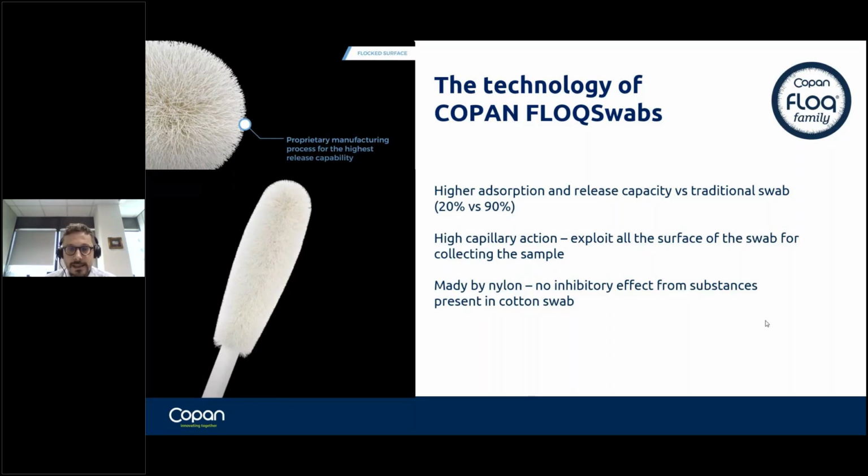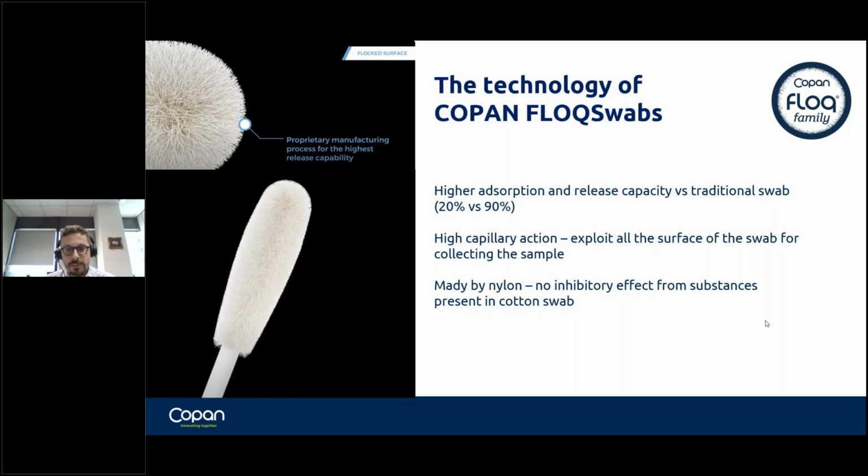And this is very important because all the volume of the swab can be used for collecting the sample, and not just the area that physically touches the surface, because the point of the swab touching the surface then absorbs and moves all the sample throughout the whole volume. So again, you can increase the absorption capacity dramatically.